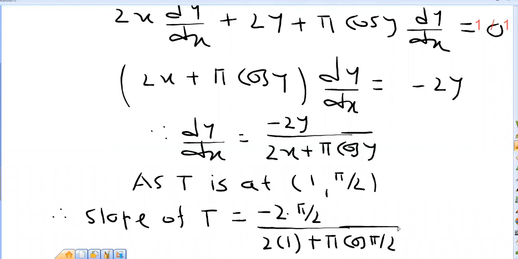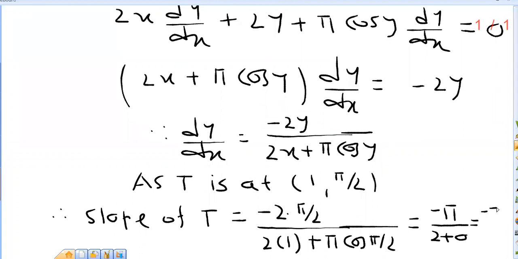What is cos pi by 2? Cos pi by 2 equal to 0. So this is minus pi upon 2 plus 0. So what is the slope of tangent? It is minus pi by 2.